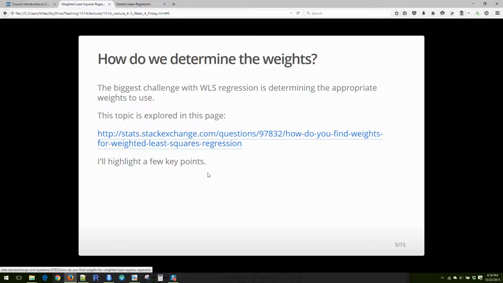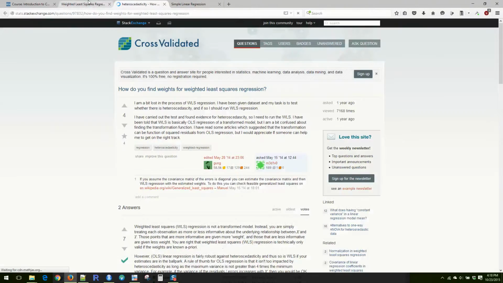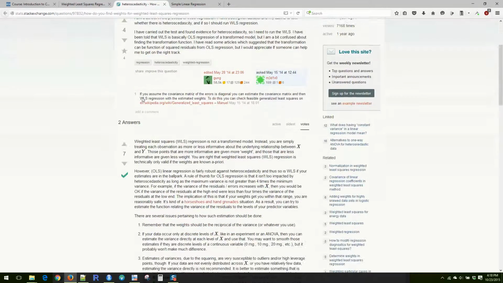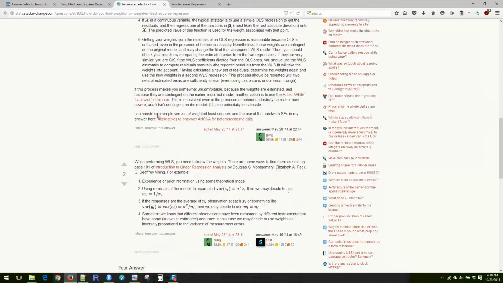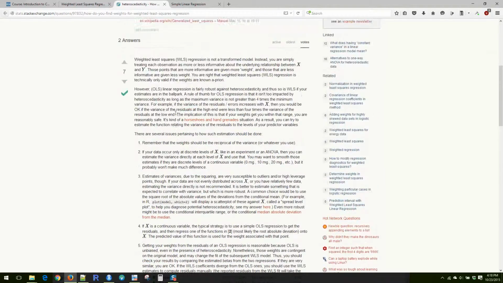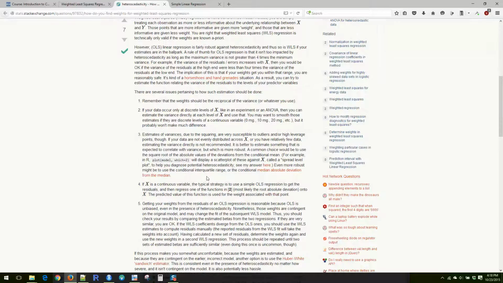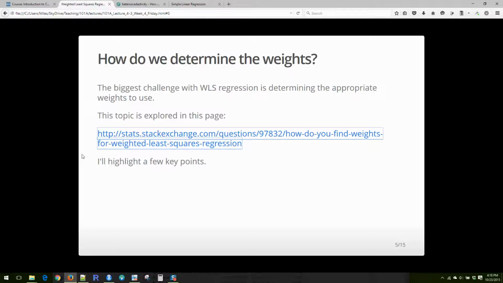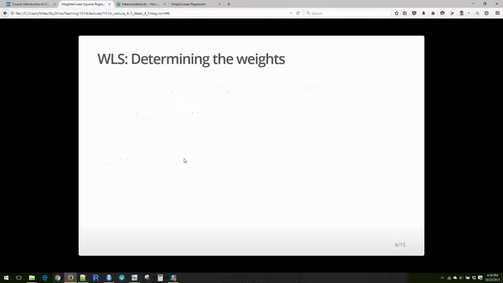I encourage you to click this link and at least read through these responses. Both of these responses are pretty good in terms of different ways to calculate the weights that you should use. I'm just going to share maybe two important methods.